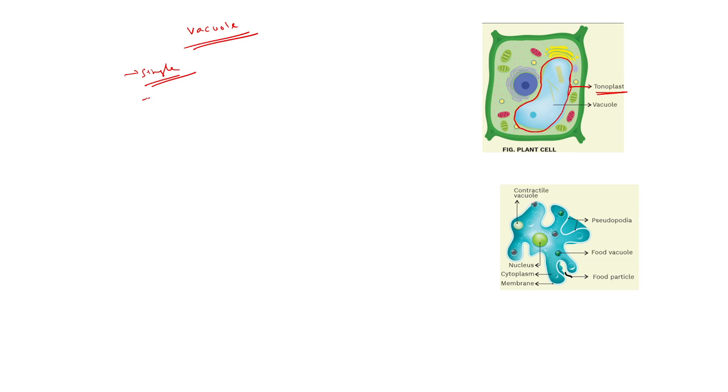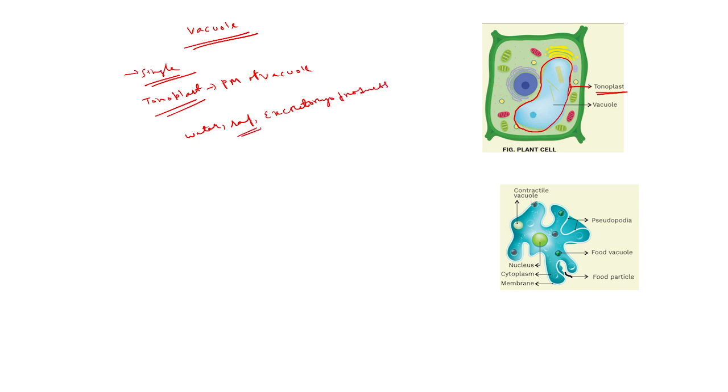So what is the tonoplast? The tonoplast is simply the plasma membrane of the vacuole. So what is the role of this tonoplast? Okay, before going to that, what is the role of the vacuole? So the vacuole contains water, sap and the excretory product. So what is the sap?